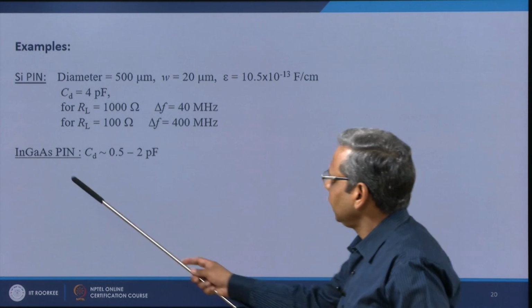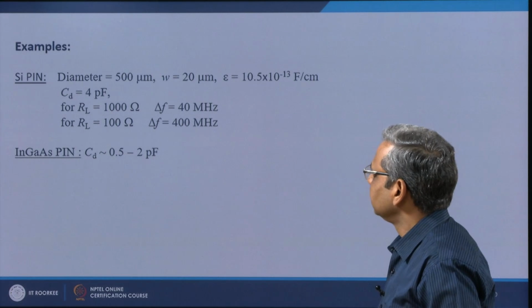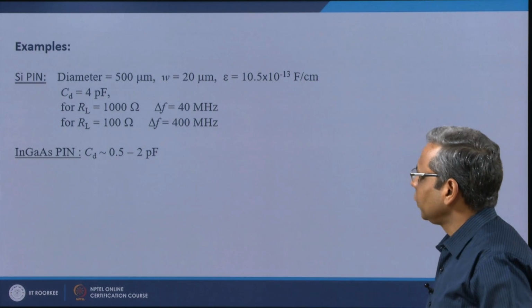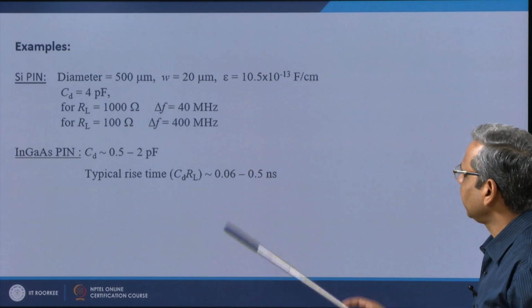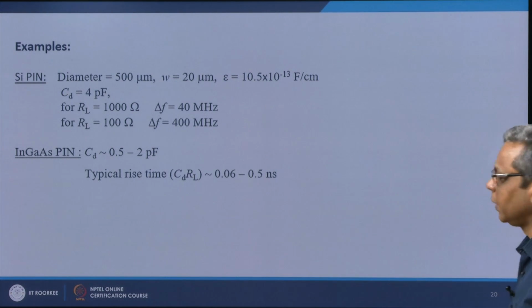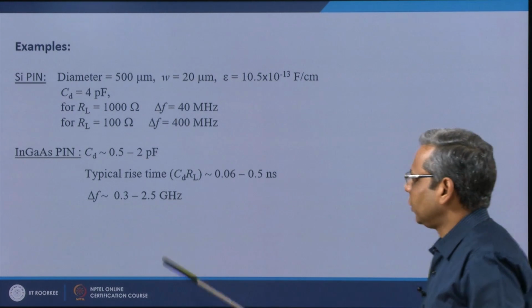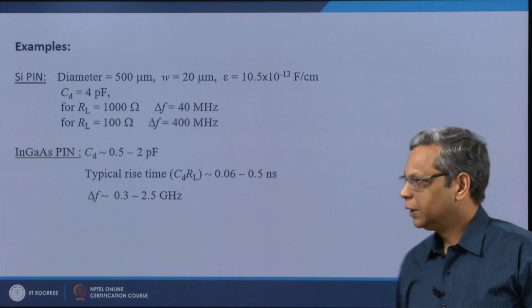In case of indium gallium arsenide pin detector, C D would be around 0.5 to 2 picofarad, typical rise time is 0.06 to 0.5 nanoseconds, and it will give you a bandwidth of about 0.3 to 2.5 gigahertz.